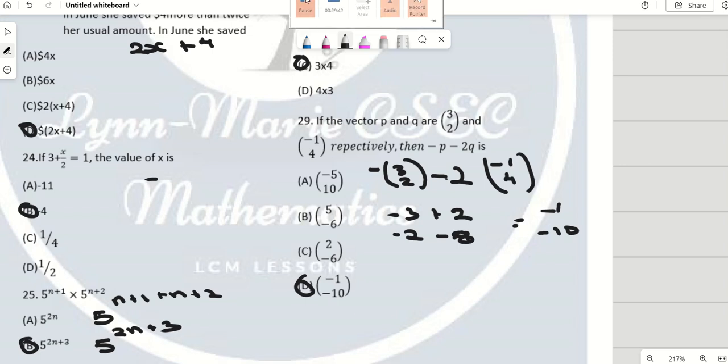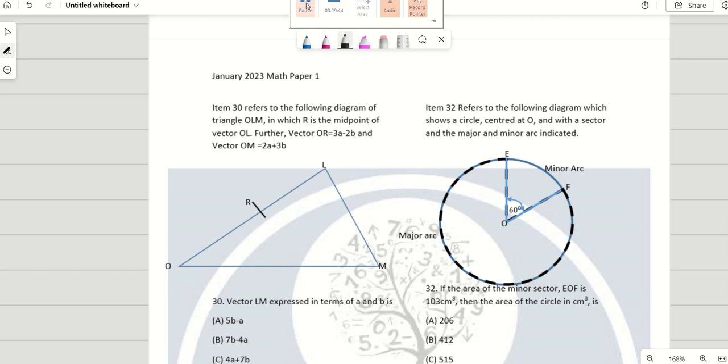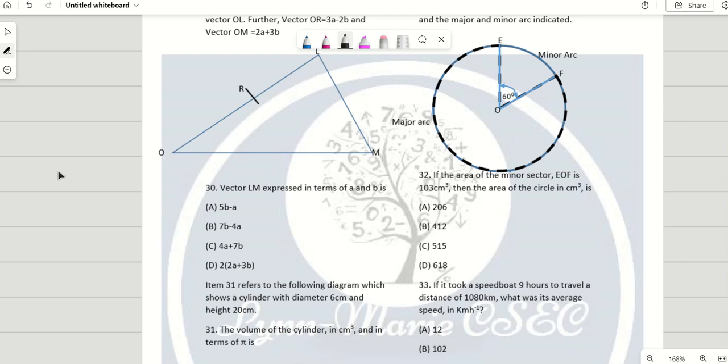Number 30 says, item 30 refers to the following diagram of triangle OLM, in which R is the midpoint of OL. Further, vector OR is 3A minus 2B, and vector OM is 2A plus 3B. What is vector LM expressed in terms of A and B?